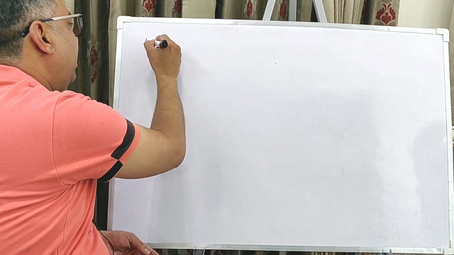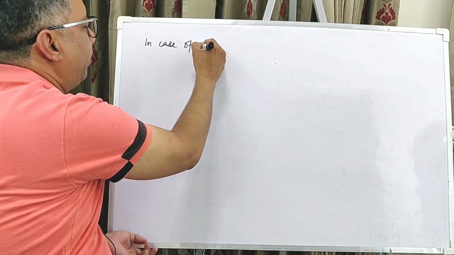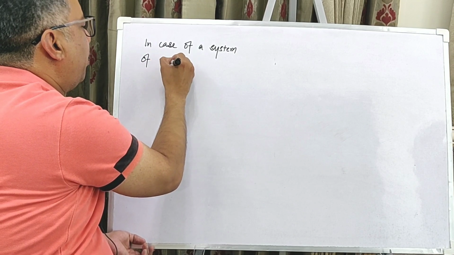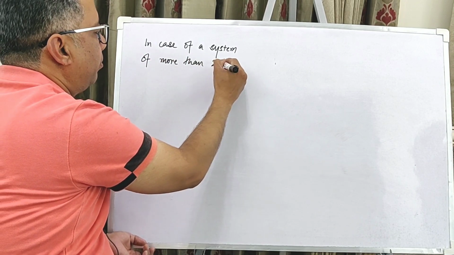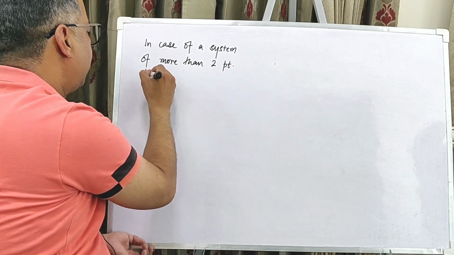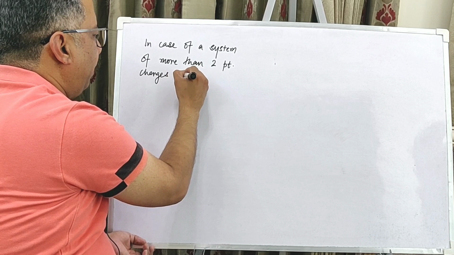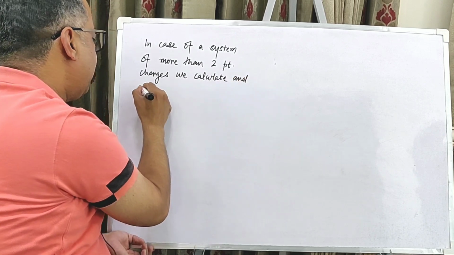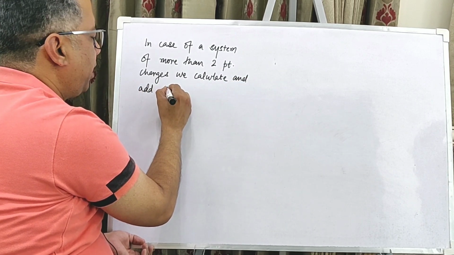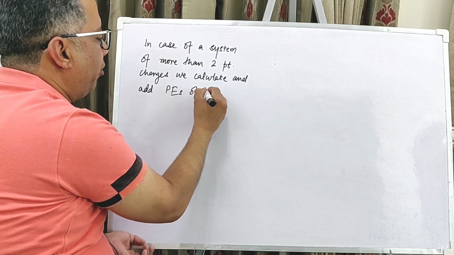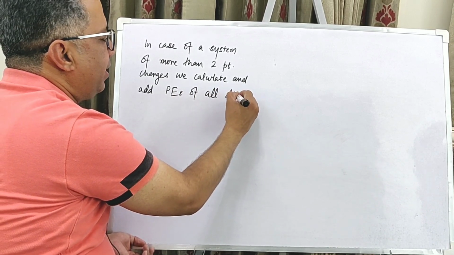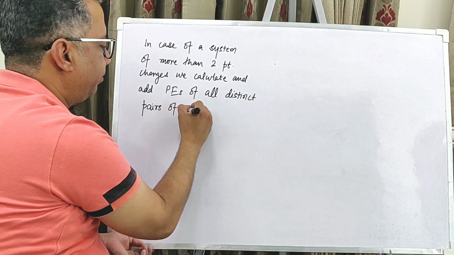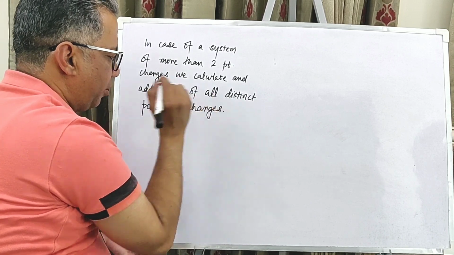So in case of a system of more than 2-point charges, we calculate and add potential energies of all distinct pairs of charges.